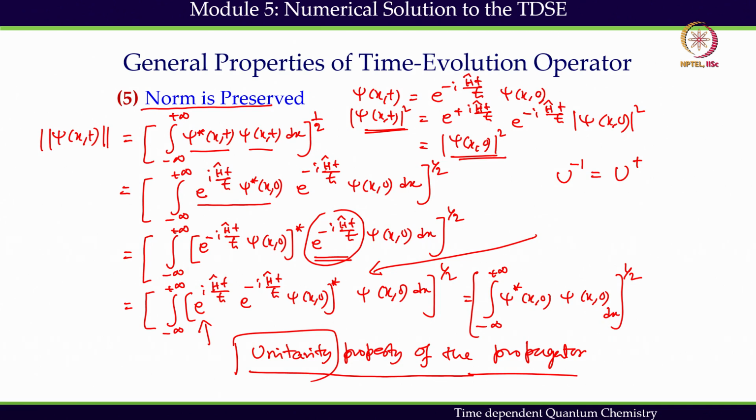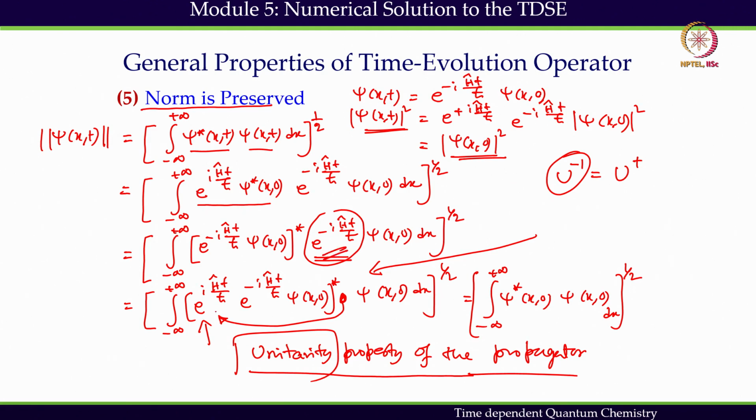And being an adjoint, by definition I can take this operator from here to the other side, and that is going to be the inverse of that operator, and that is exactly what we have taken.